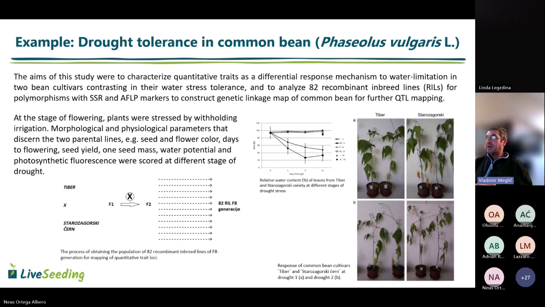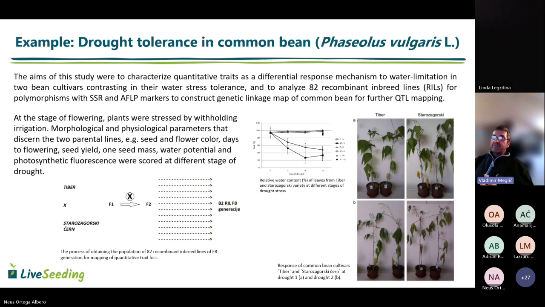In the middle, you have the graph for the relative water content, where we have looked at the 5th and 9th day of drought, so different stages of the drought. You can see that they were behaving differently, and the values of the relative water content were different for both. So we said, this is a good sign, so we can start developing the RILs from those 2 varieties.